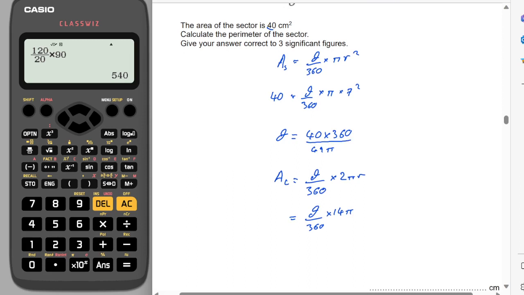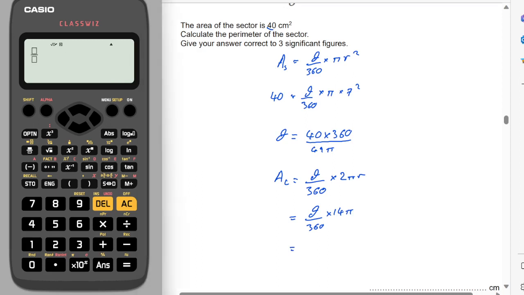And if you think, should we do it? Quite a lot of this is going to simplify down, so I'll do it like this. So the size of my angle then is going to be equal to 40 times by 360 divided by 49 times by pi.